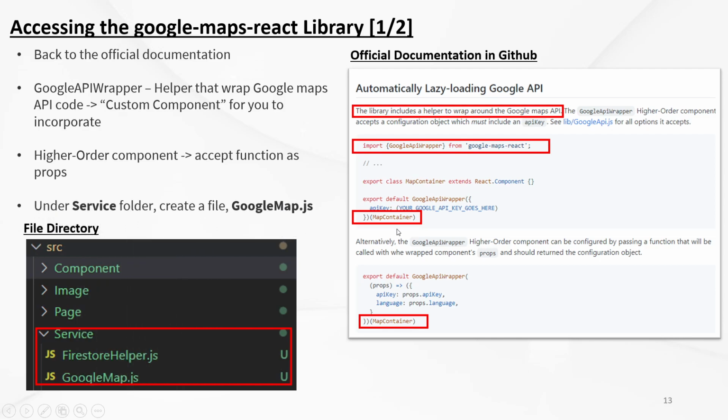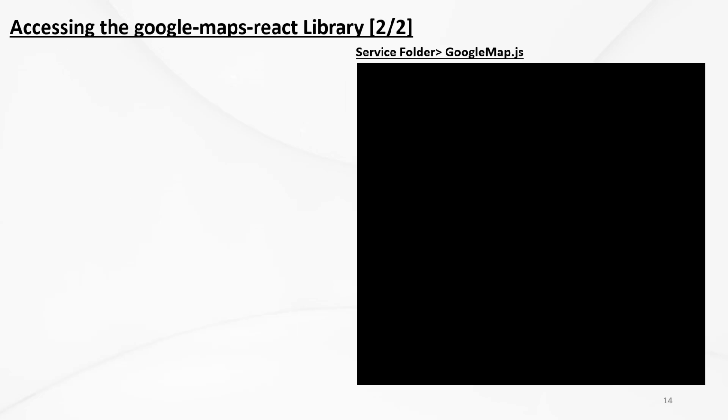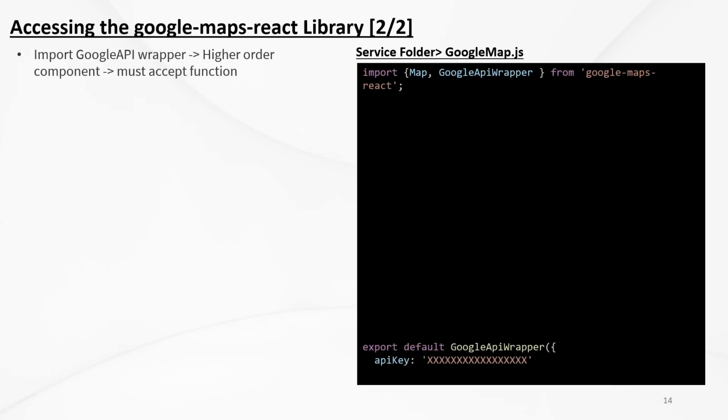So with that in mind, let's create a file in the service folder and name it googlemap.js. Now, in the googlemap.js file, we import the GoogleApiWrapper. It is a higher order component that accepts another function as props.